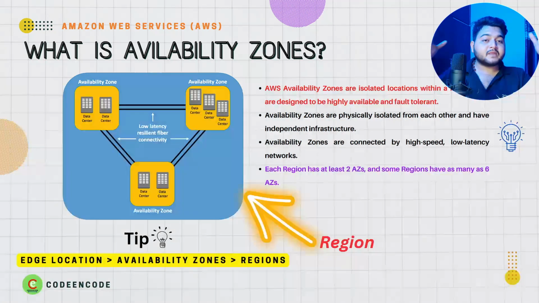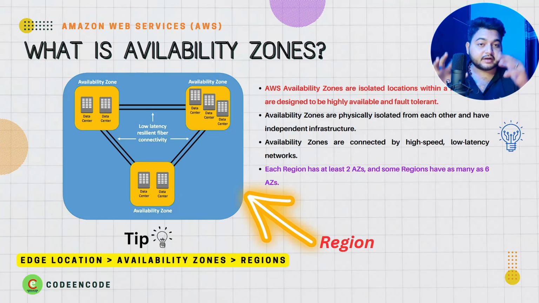Let me repeat it. In a region, you have multiple availability zones and they are isolated from each other. Isolation means if any one of the availability zones goes down or there is some sort of problem, it is not going to affect the other two availability zones in the same region. So this is isolation.